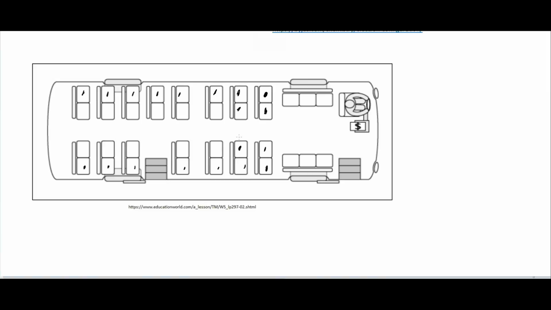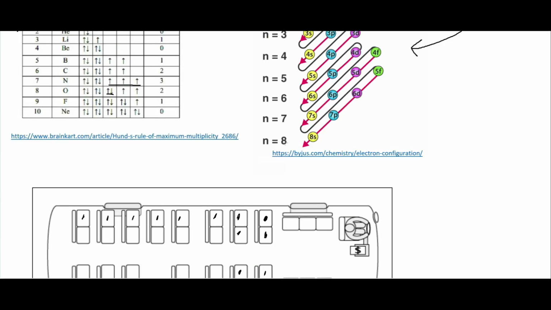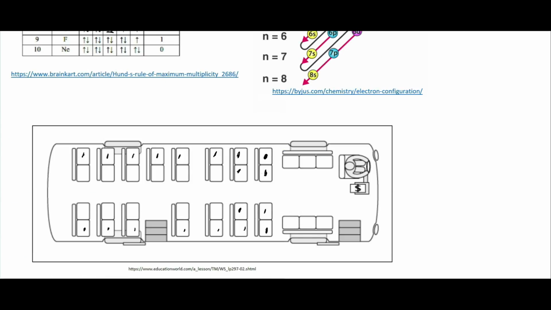And so that's the same thing with our Aufbau principle, as we keep filling these seats, and only once every pair of seats has one person in it will other people start sitting in the second seat, because everybody on the bus always wants to sit with as much room as they possibly can.